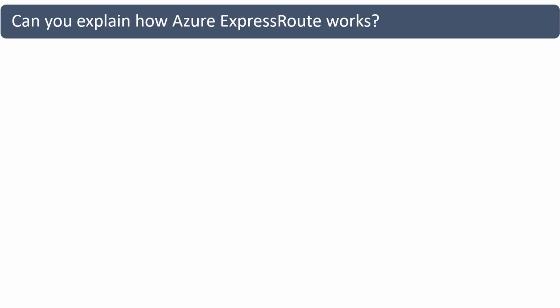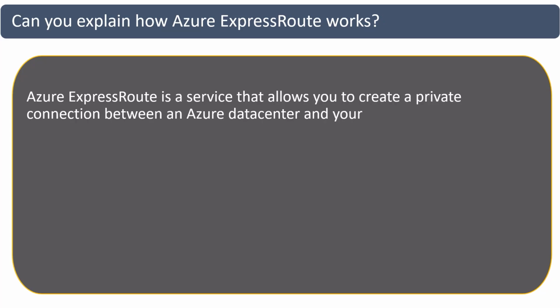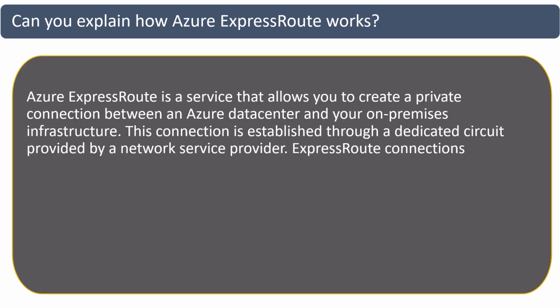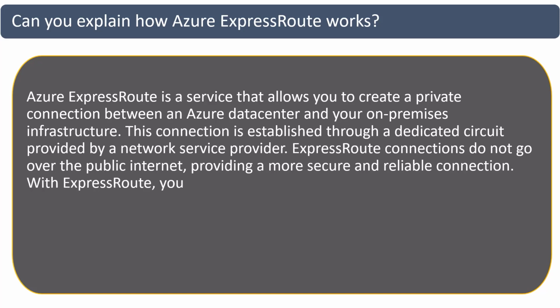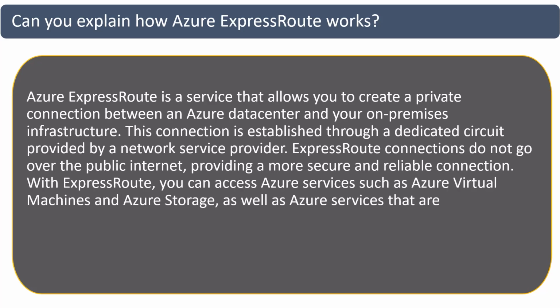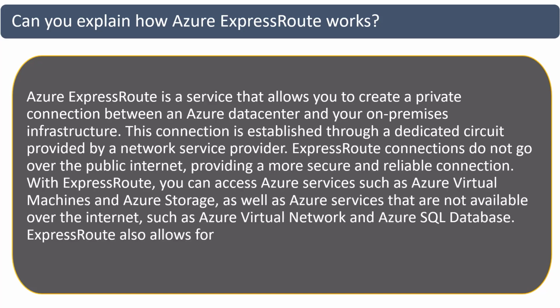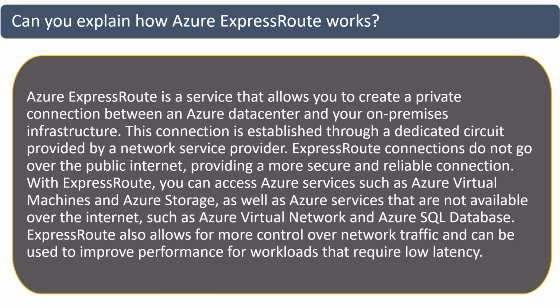Can you explain how Azure ExpressRoute works? Azure ExpressRoute is a service that allows you to create a private connection between an Azure data center and your on-premises infrastructure. This connection is established through a dedicated circuit provided by a network service provider. ExpressRoute connections do not go over the public internet, providing a more secure and reliable connection.